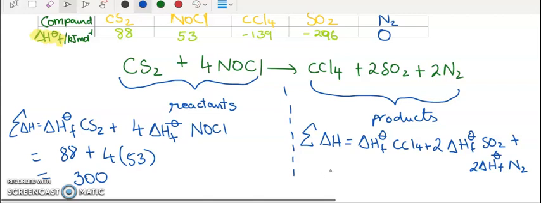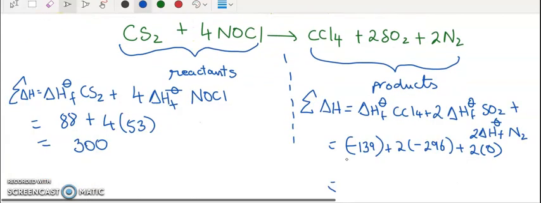And on our product side, we're going to plug in negative 139 for CCl4 plus 2 times SO2, which is negative 296, plus 2 times 0, because elements cannot be formed again.